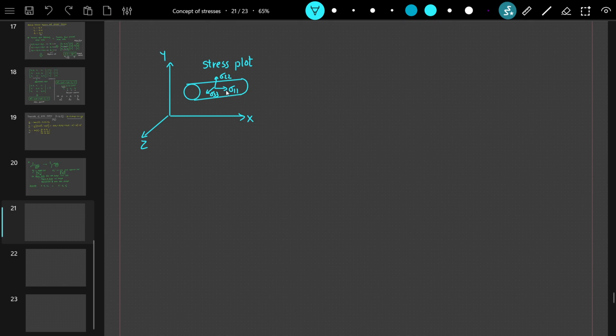Now we may not be interested in stresses in this orientation. So what we do in FEA is create a local coordinate system and plot the stresses in that coordinate system.